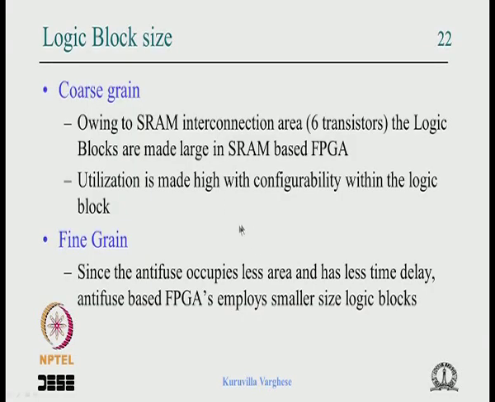Coming back to the slide, the same argument applies here. In a fine grain FPGA the fragmentation will be less, and that is possible because the interconnection area is small.